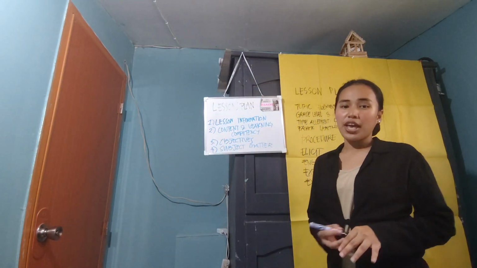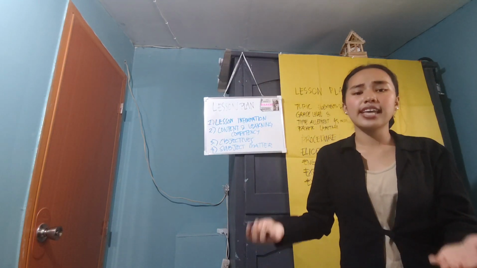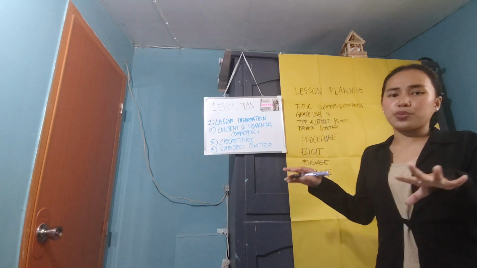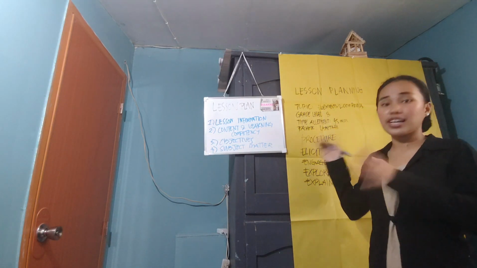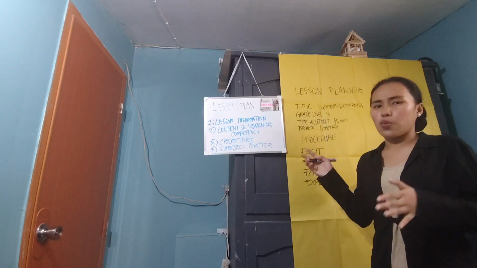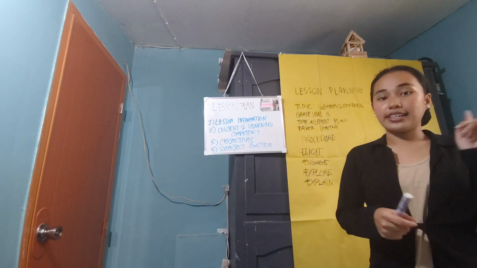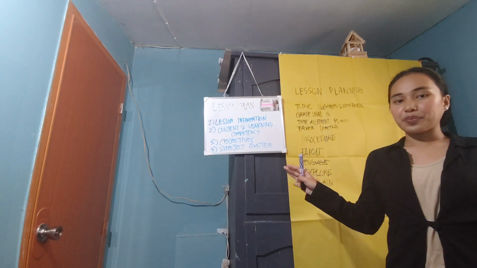Explain. So in the explain stage, the students can share their ideas and understanding. Each group will answer questions related to the lesson, such as, why is water considered a compound and not an element?